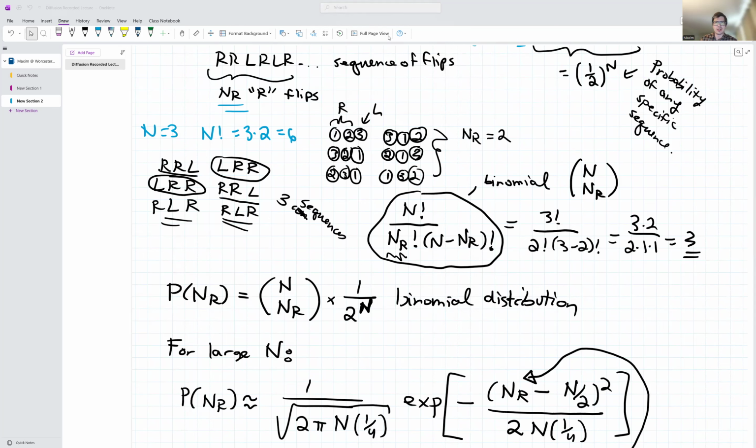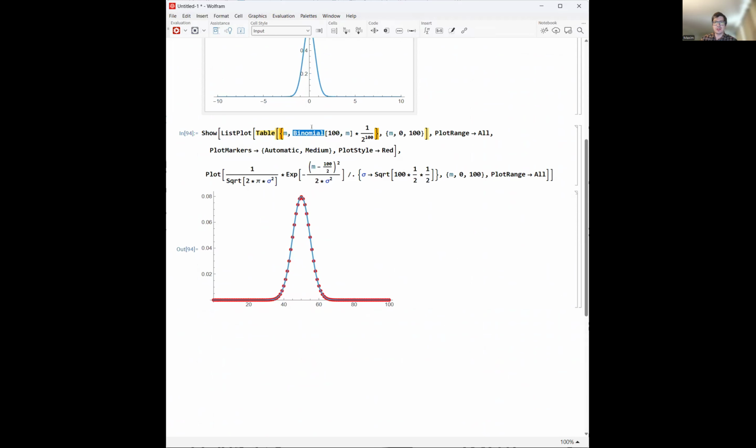In our little plot here, this binomial distribution is normalized. If you sum m from 0 to 100, you get 1, because the probabilities all add up to 1. If you sum over all the different possibilities for the number of hops to the right, they should all sum to 1.